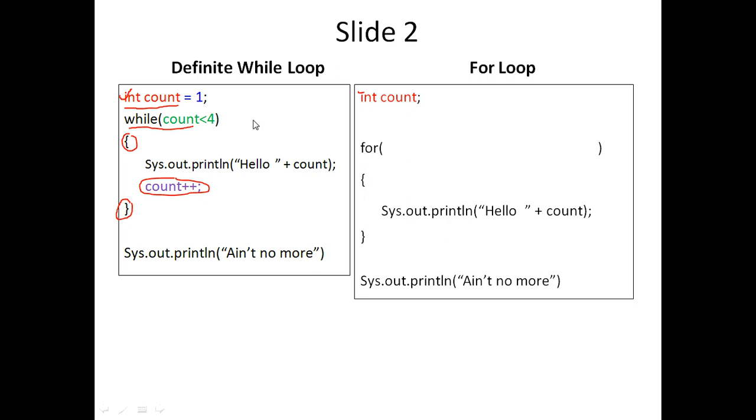And then inside the for statement, in the parentheses, we're going to take where this has been assigned, and instead we're going to put that assignment right here in the for loop, inside the parentheses. So in the for statement.